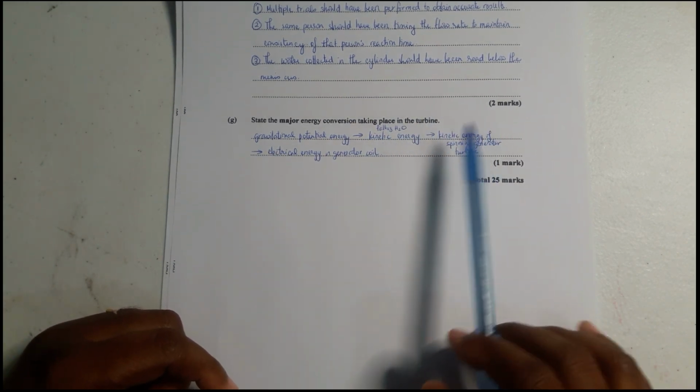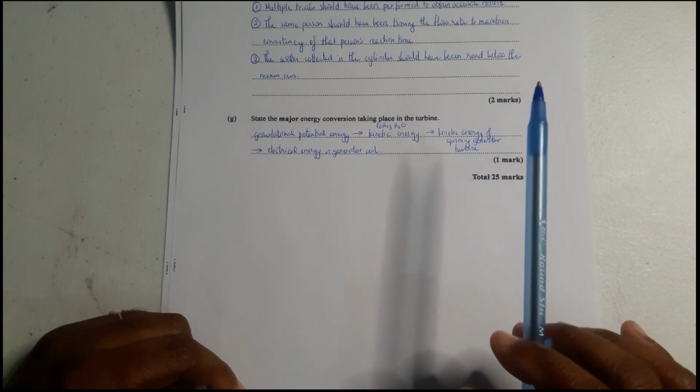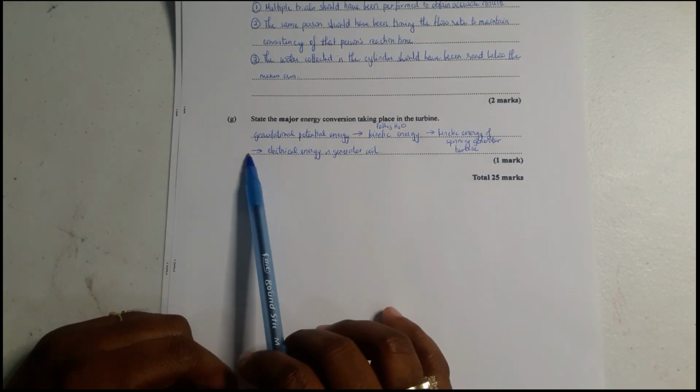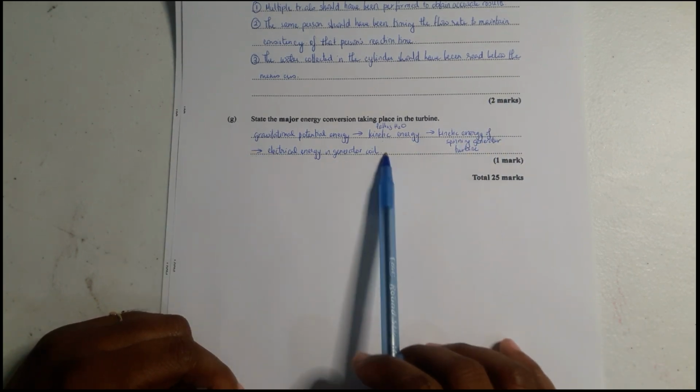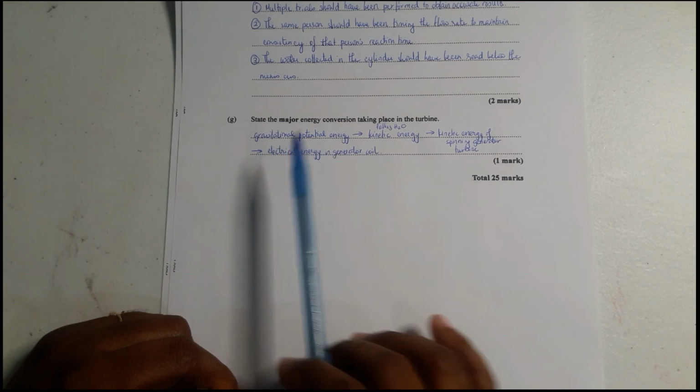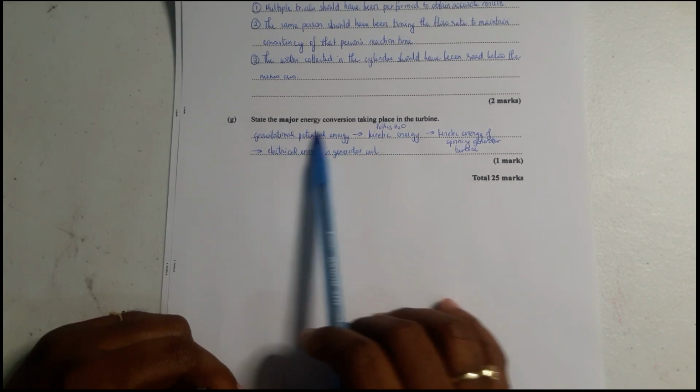So the water will cause the turbines to spin, right? And then the electrical energy in the generator coil. So these are the major energy conversions taking place, and so you should get 1 mark for that. Great.